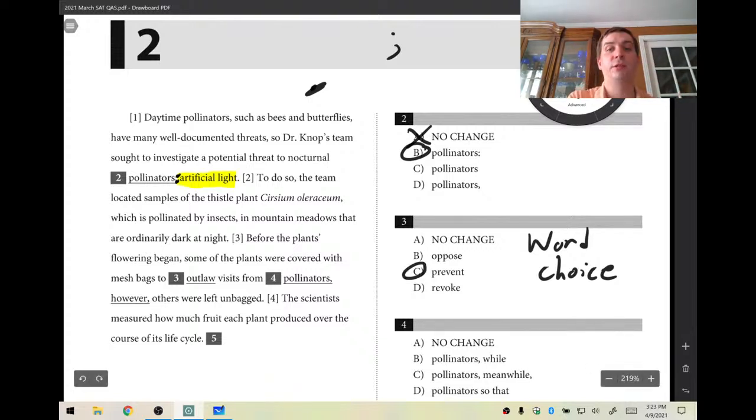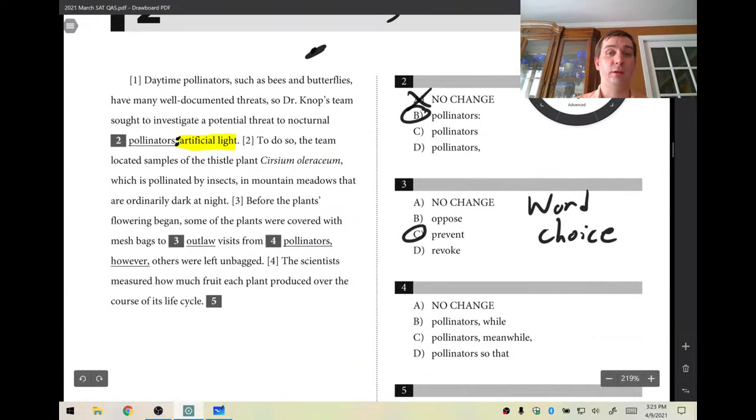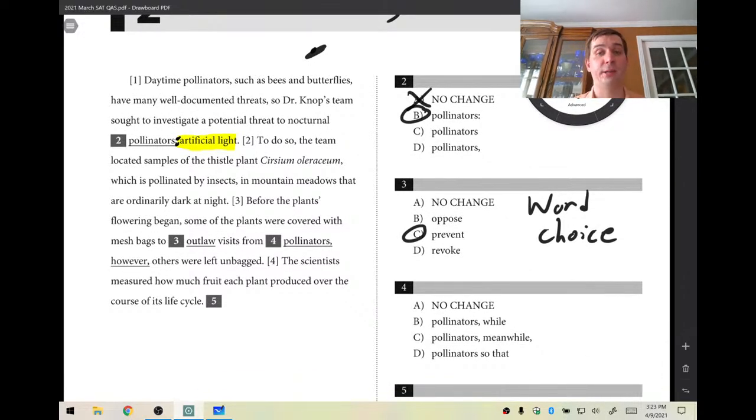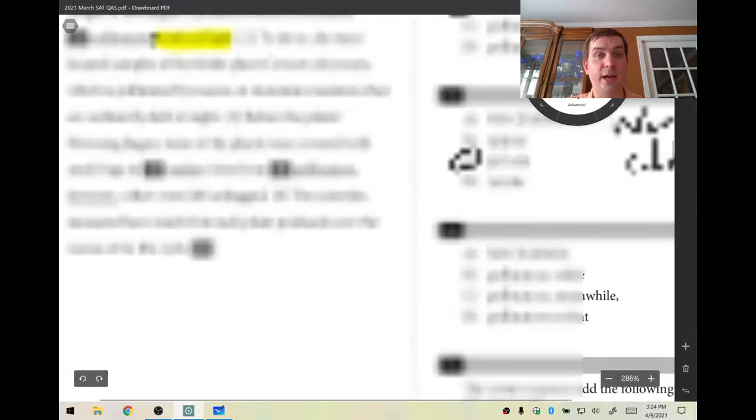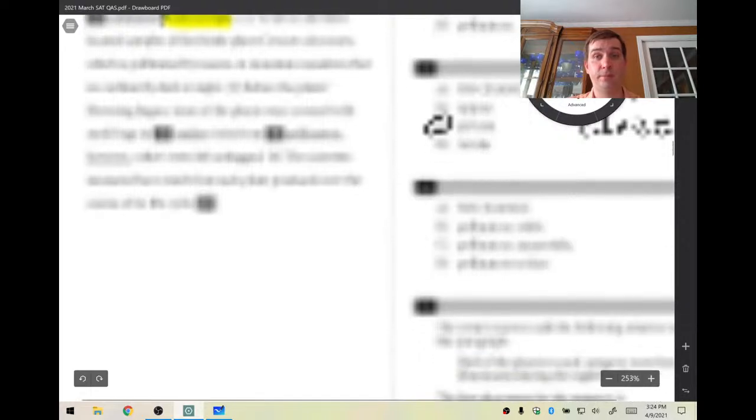This maintains the formal style of a College Board SAT writing passage. We haven't deviated from a formal style. Talking about outlaw visits, I think that would put us into an informal situation. And really, we've lost meaning. That's the improper word choice. They pick near words. They pick words that almost would make sense. So we're preventing visits. We're not outlawing them. There's a distinction there.